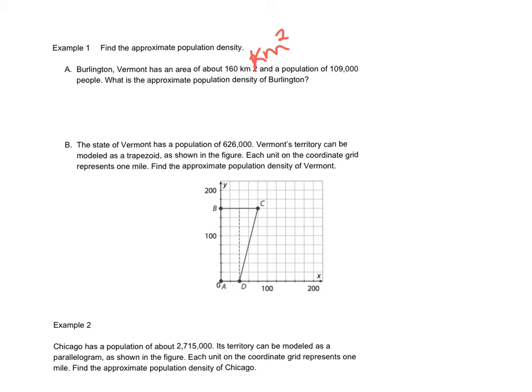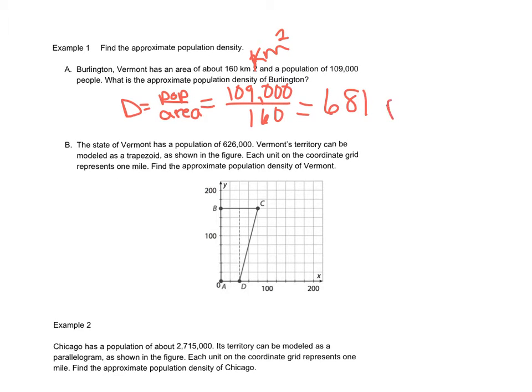What's the approximate population density? So density, again, is population divided by area. And so this is simply 109,000 divided by 160, which gives us 681 people per square kilometer.